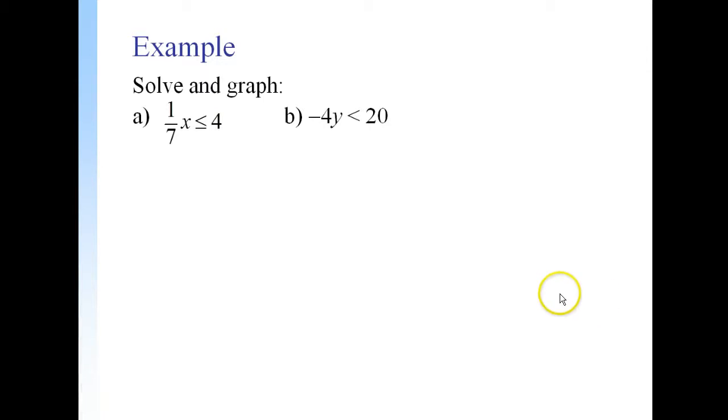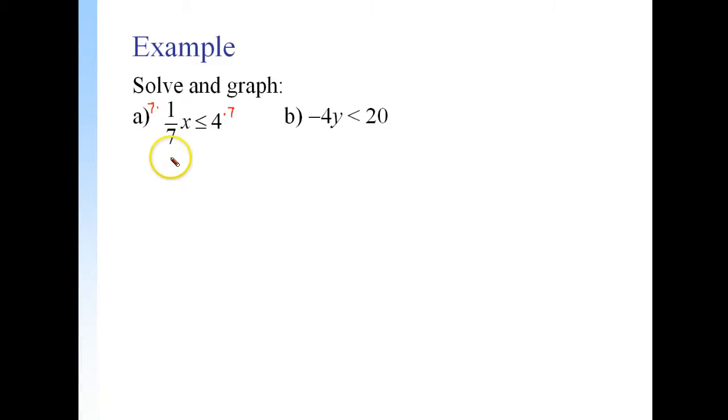Okay, now for some of these, we may not have to do it, but let's keep an eye out for it. For letter A, I should say, here we have a fraction. So as we said in chapter 1, we want to multiply both sides by a common denominator, which happens to be 7.